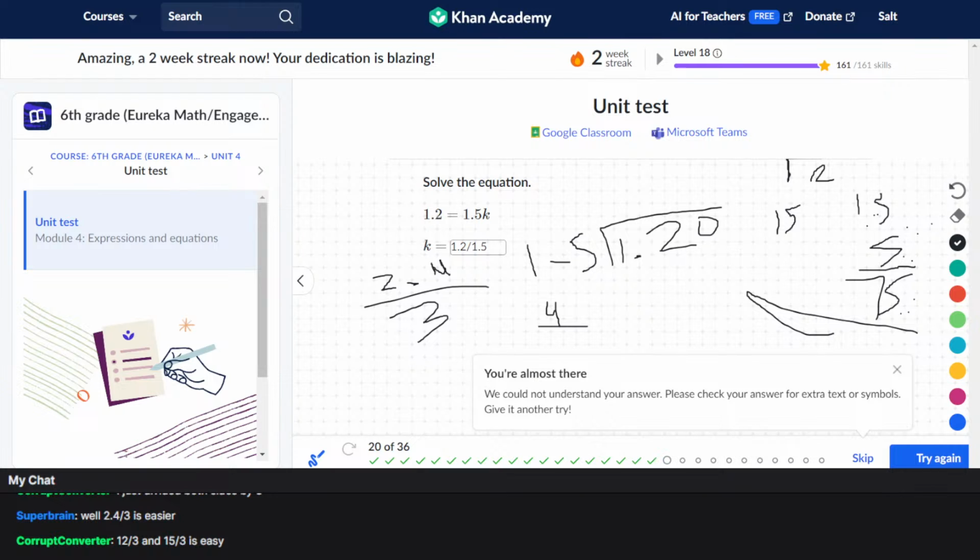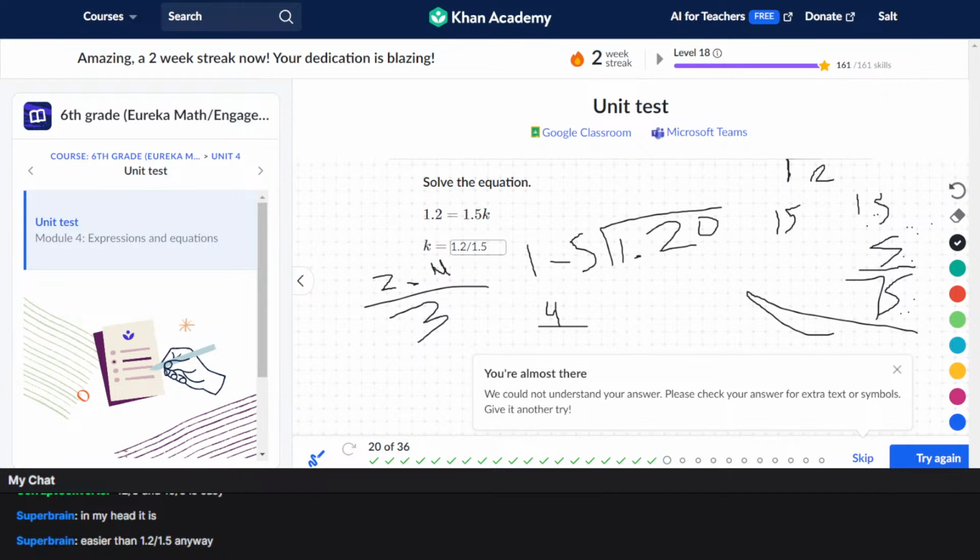Is it? Oh, easier than 1.2 or 1.5? Huh. Superbrain says easier than 1.2/1.5 anyway.